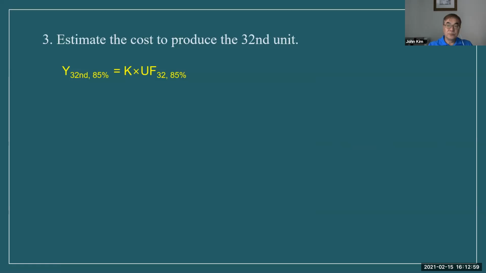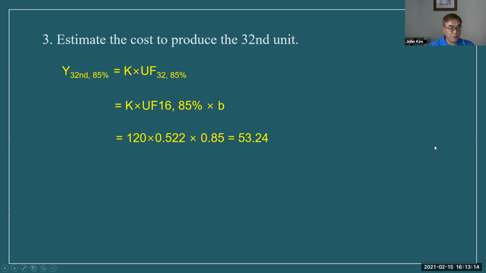If you want to use the logarithmic learning curve formula, in case you cannot find a unit factor from the chart, then Y32 at 85% equals K times X to the power n, where n is log B divided by log 2.